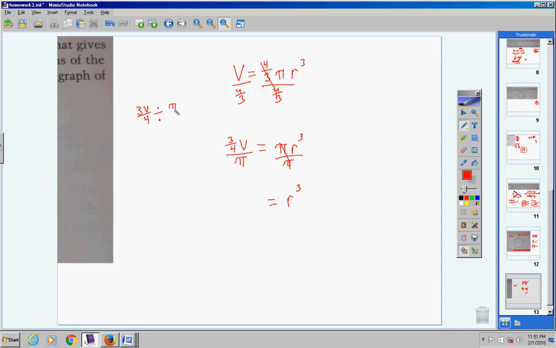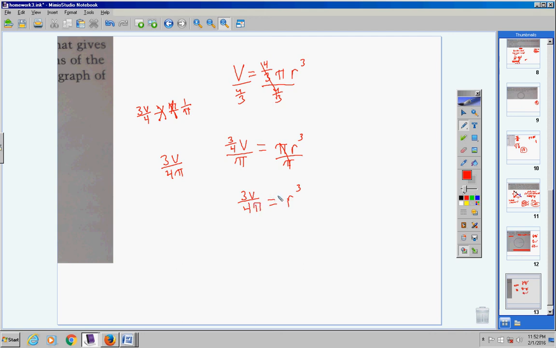Pi, or pi over what? 1. This divided by this. So, flip this and multiply: 1 over pi, and 3V times 1 is 3V. 4 times pi is 4 pi. So now I have 3V over 4 pi.